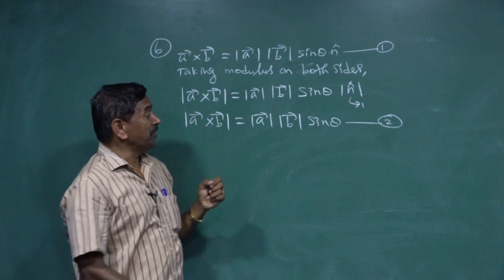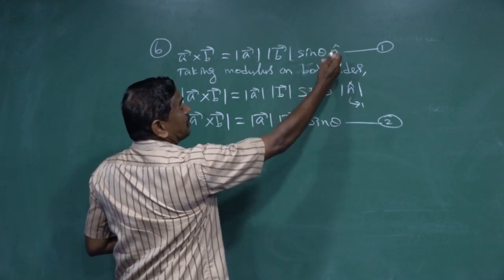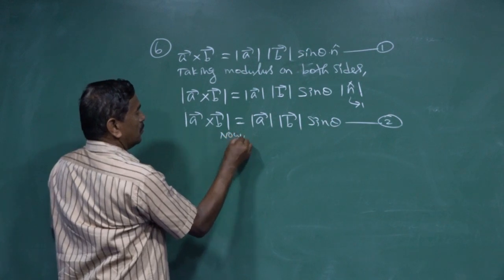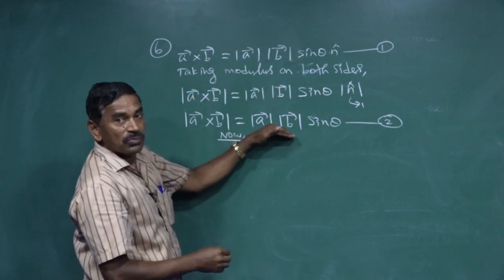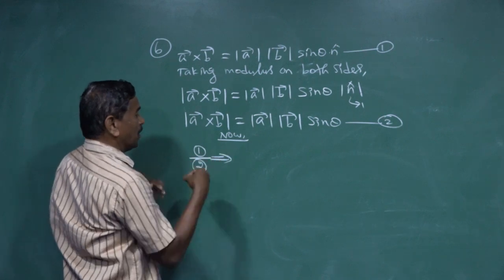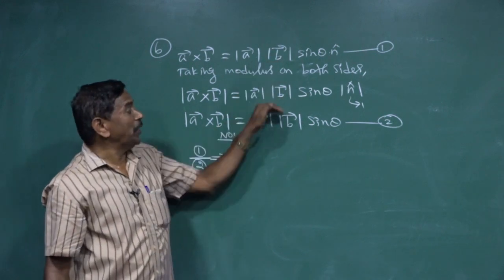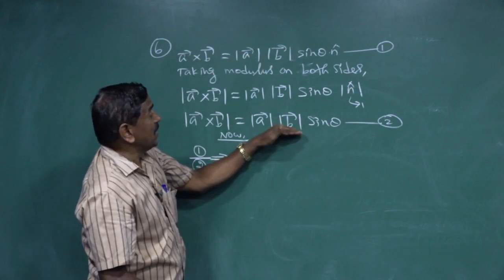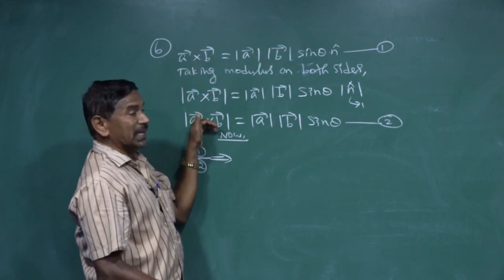For my convenience, first equation divided by second equation. Right hand side divided by right hand side is equal to left hand side divided by left hand side.